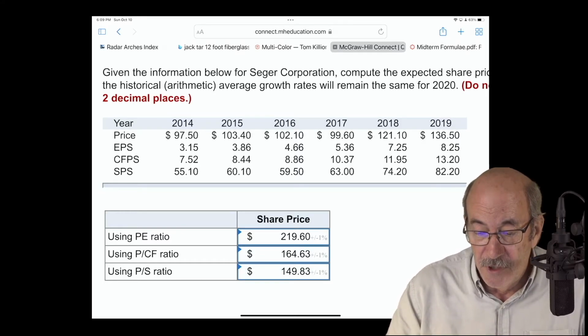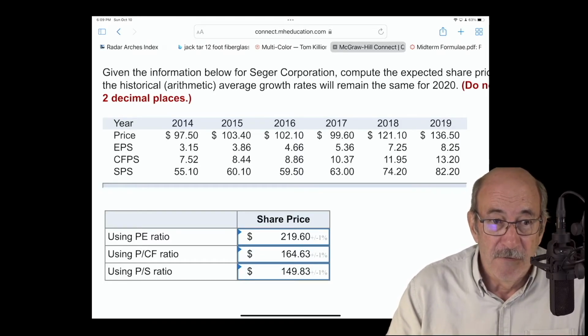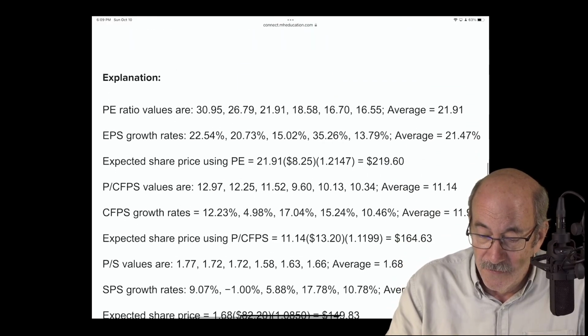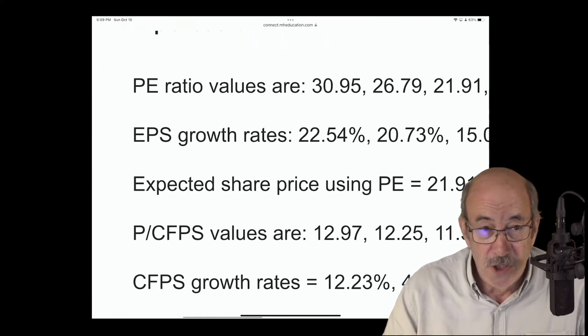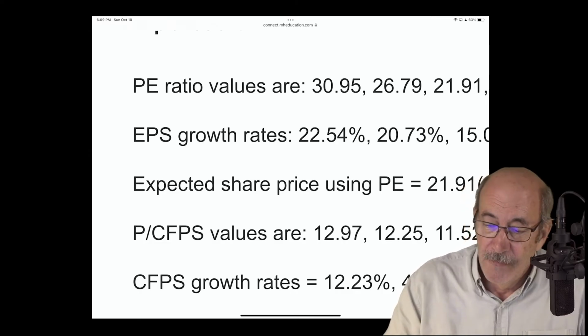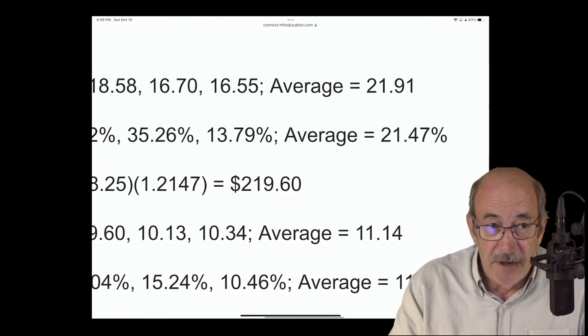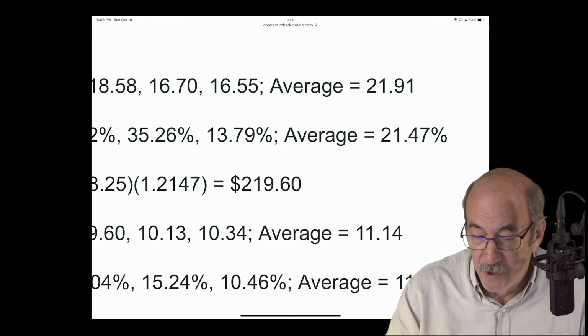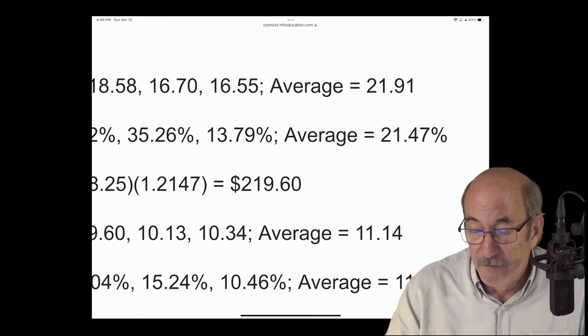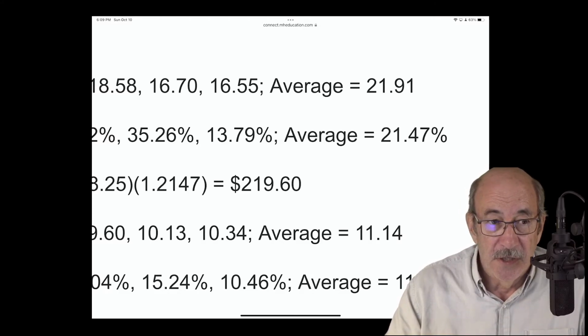And so that would be 386 minus 315 over 315. And that gives us a growth rate of 22.54%. We do the other growth rates in the same way. Those are only 5 intervals. So we add them up, divide by 5, and we get an average growth rate of 21.47%.